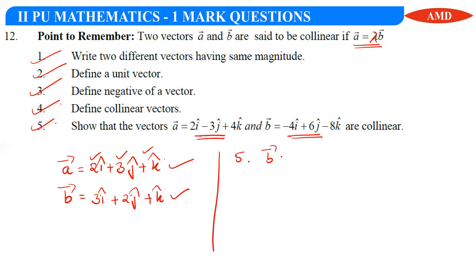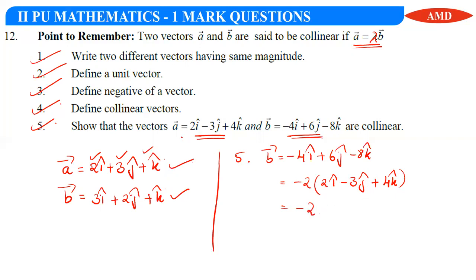The vector B is equal to minus 4i cap plus 6j cap minus 8k cap. Let me take out minus 2 common here. Let's see what I get. I get 2i cap minus 3j cap plus 4k cap. That is equal to minus 2 times. So what is this vector?